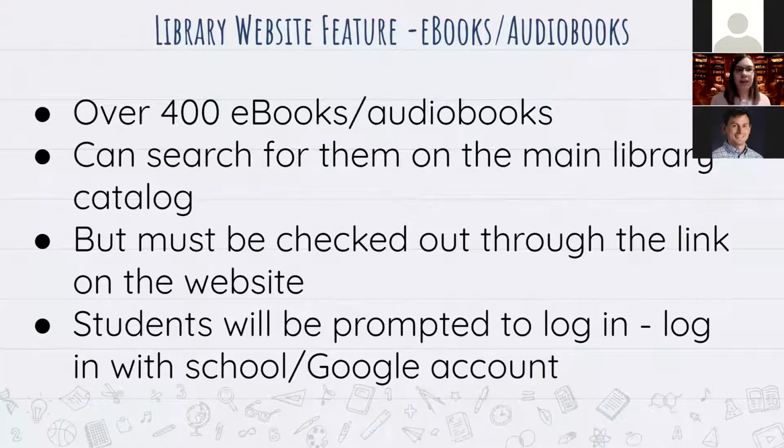It'll say, which account do you want? You pick your school Google account, and you will be able to check out audiobooks and ebooks from there. I know all the English teachers have given you a tutorial on how to do this already, so hopefully this is not anything too new, but if you have any questions about checking one out, then definitely let me know.